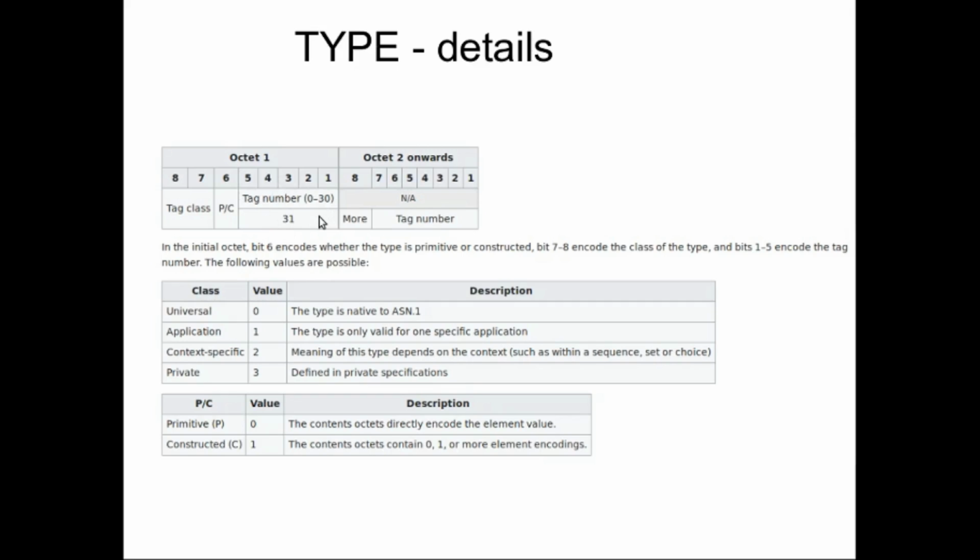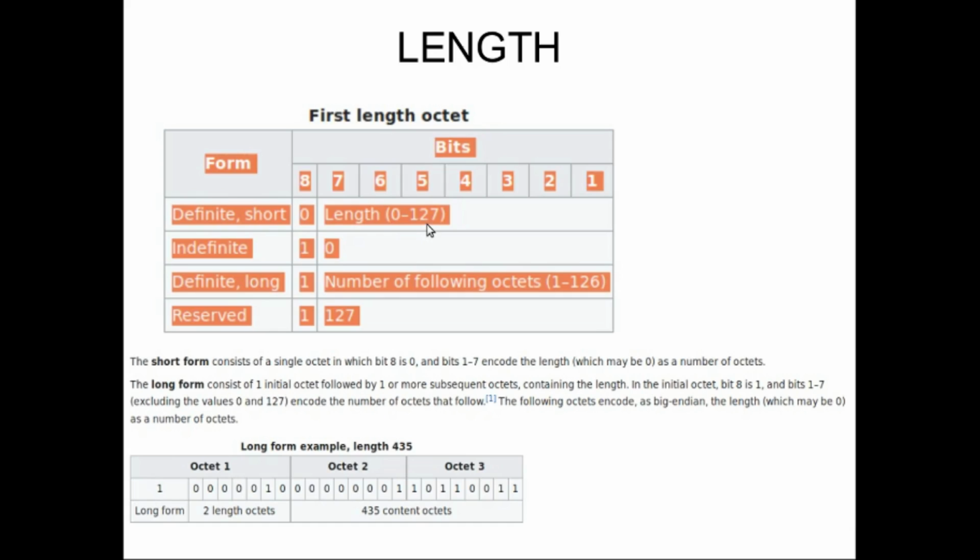For the tag number, we can put a value from 0 to 30. For bigger tag numbers, we can use many octets, and the following octets will have the 8th bit as 1, and then you can write the bits. To make the overall tag value, you just combine all these bits in big endian format and convert it to a number. Okay.